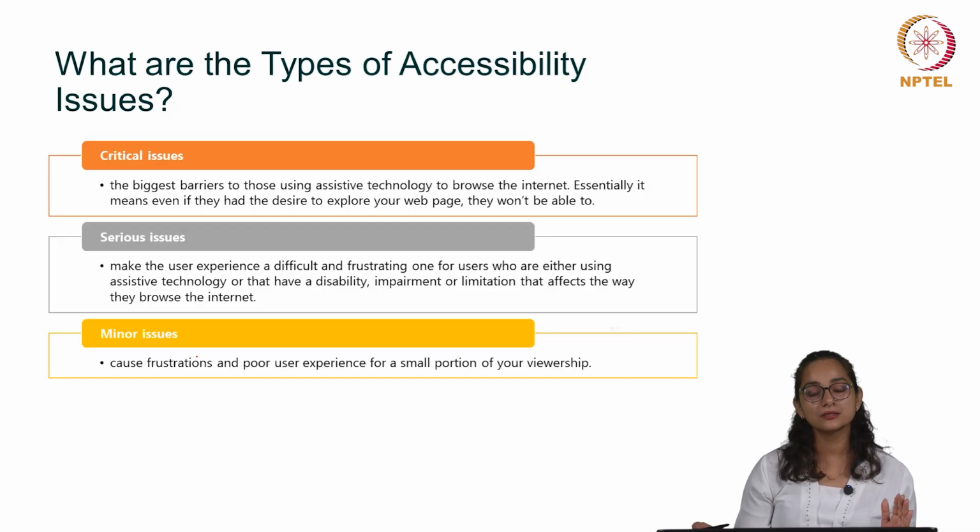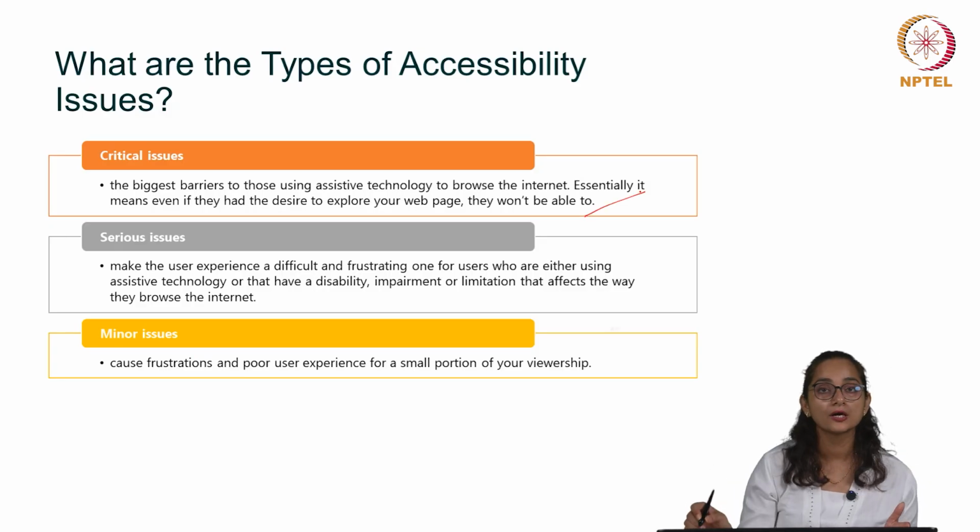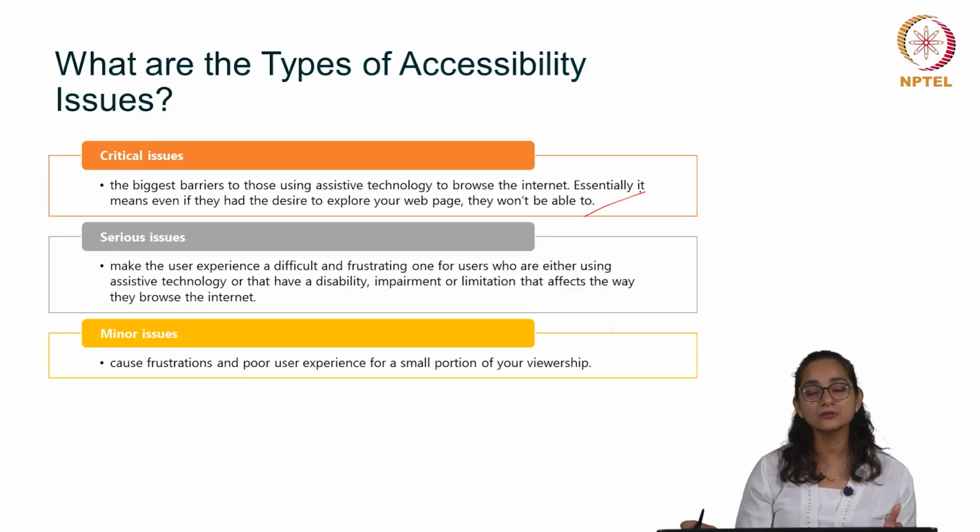The first is critical issues, and these are the biggest barriers to those using assistive technologies to browse the internet. Essentially it means that even if they have the desire to explore, they are unable to do it. So these should be fixed with utmost importance.